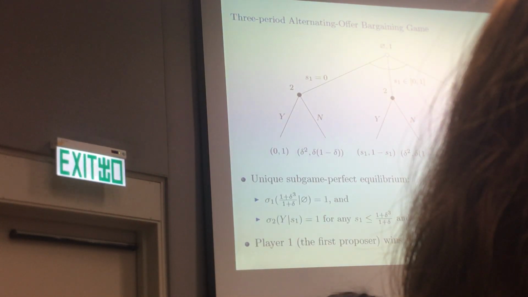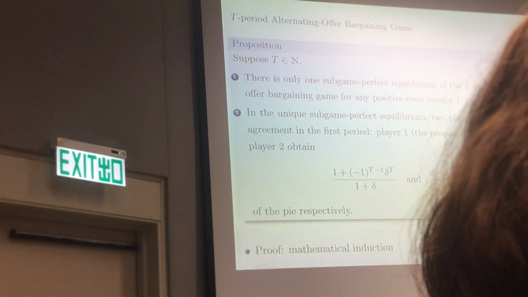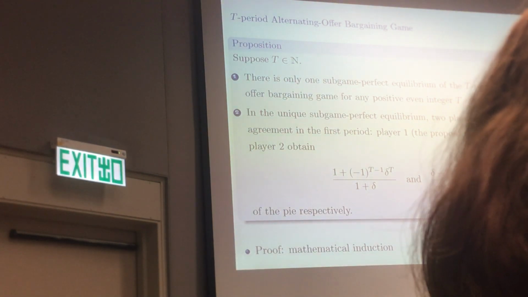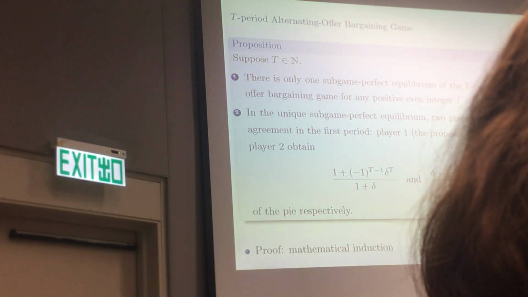So that's basically what I tried to write down here. You can continue to make the bargaining process even more complicated, allowing any finite number of periods in the game with alternating offers between player 1 and player 2.